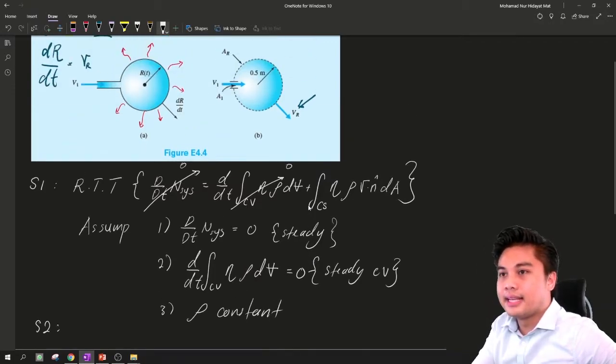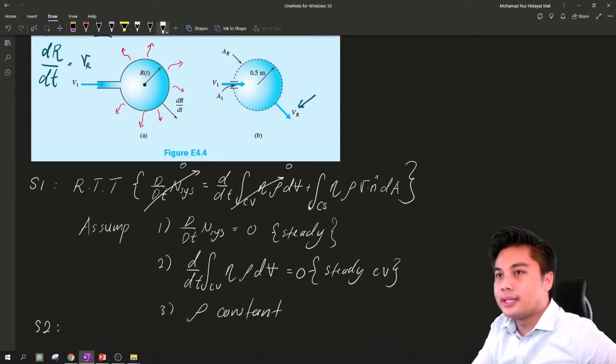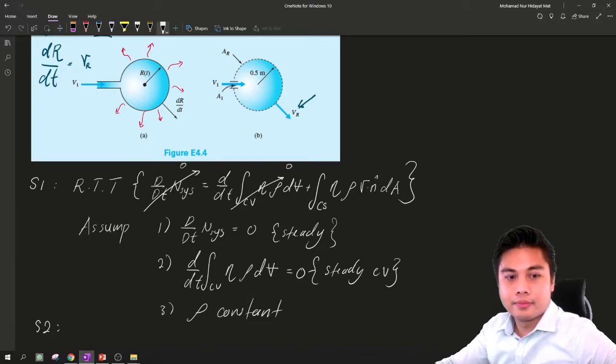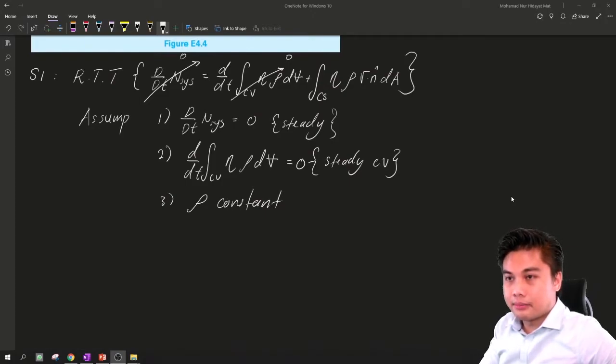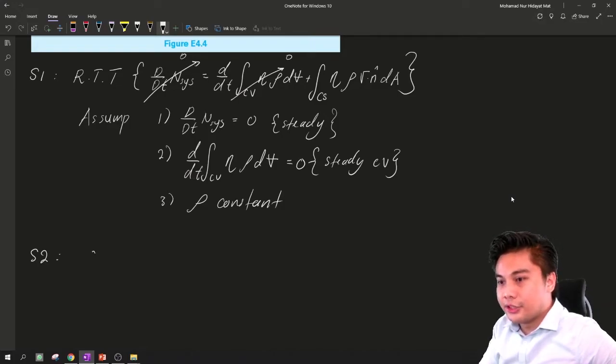Alright. Density at inlet and outlet is constant. So, step number 2, applying the Reynolds transport theorem, only leave this term, which is 0 here.